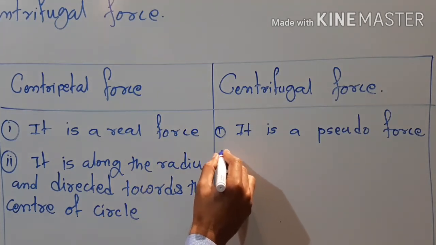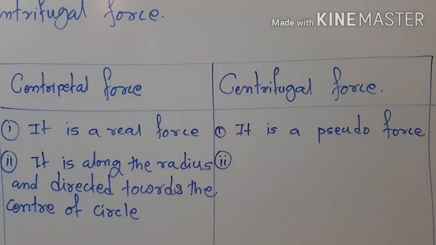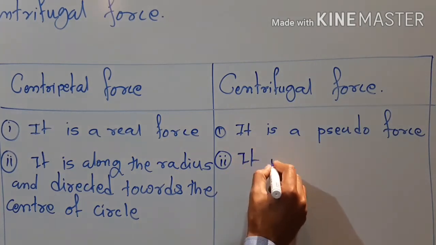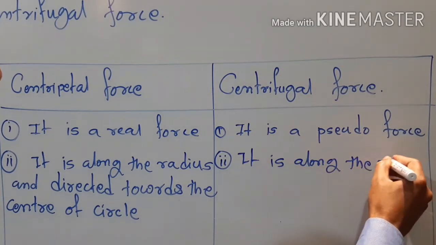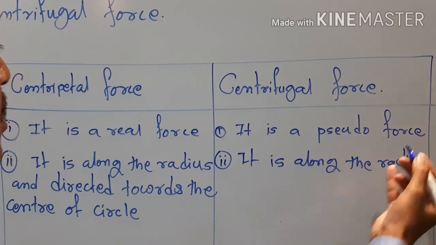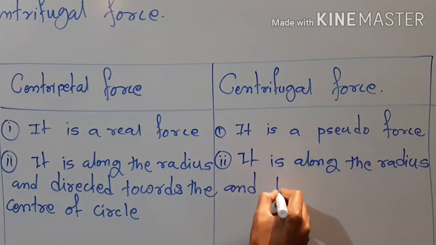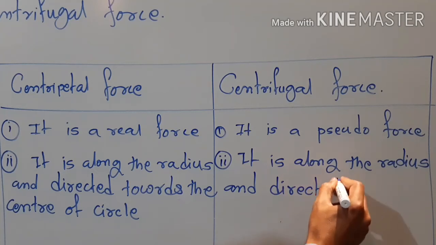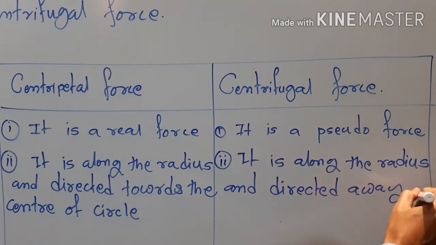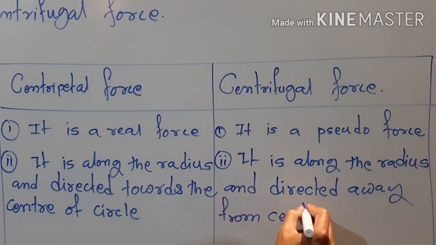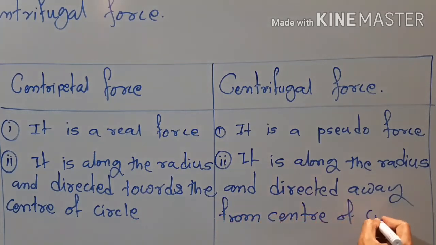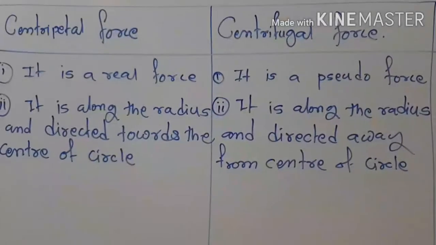Here the second point is that it is along the radius and directed away from the center of the circle.